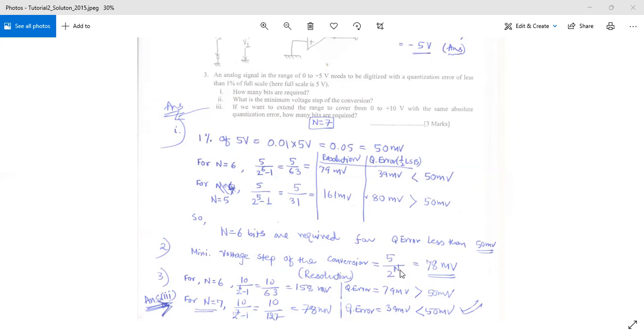That is VREF divided by 2 to the power of n, and the other one is VREF divided by 2 to the power of n minus 1. You have to go back and check with your lecturer which one you are going to be using. But as per what I know, it is VREF divided by 2 to the power of n minus 1, which is being used in your lecture, isn't it?